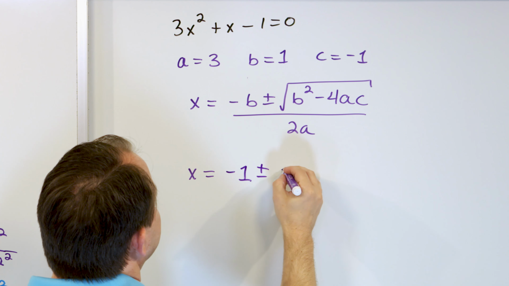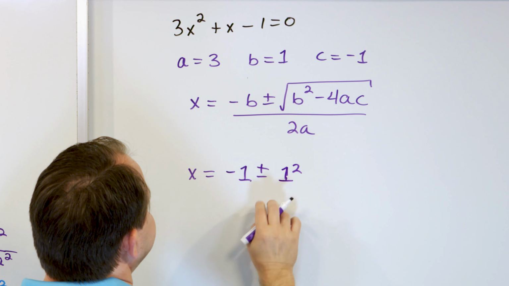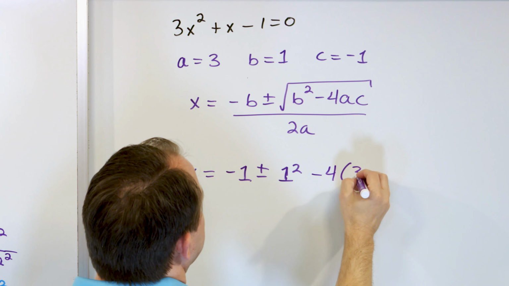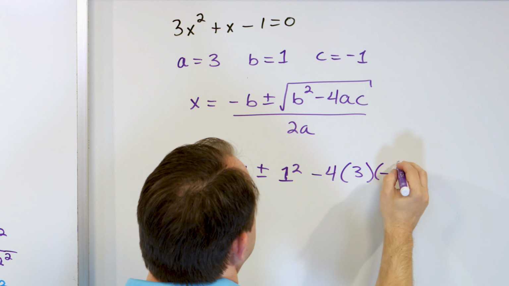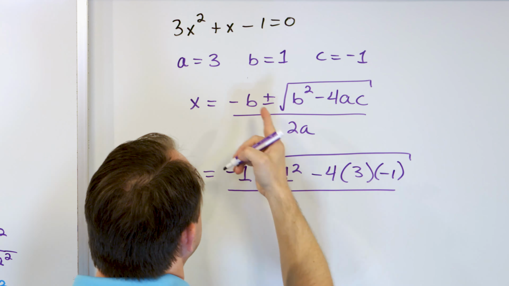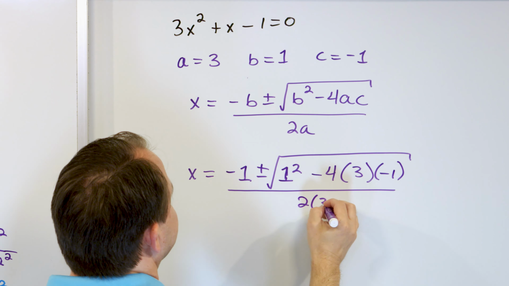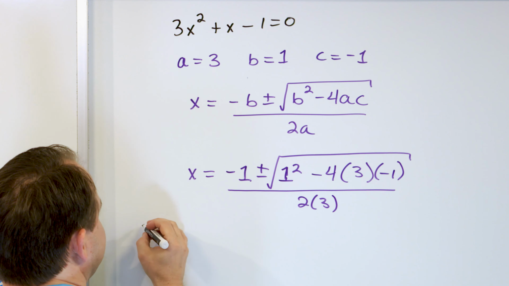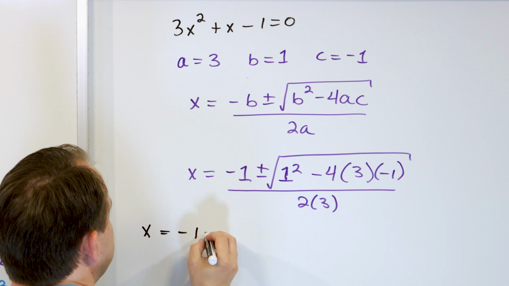On the inside, you're still going to have a 1 squared, b squared, minus 4 times a, which is 3, times c, which is negative 1. The square root applies to this whole thing right here. And on the bottom, it's going to be 2 times a, 2 times 3, like this. And so what you're going to get on the inside, you just crank through it one step at a time. You're going to get negative 1 plus or minus.